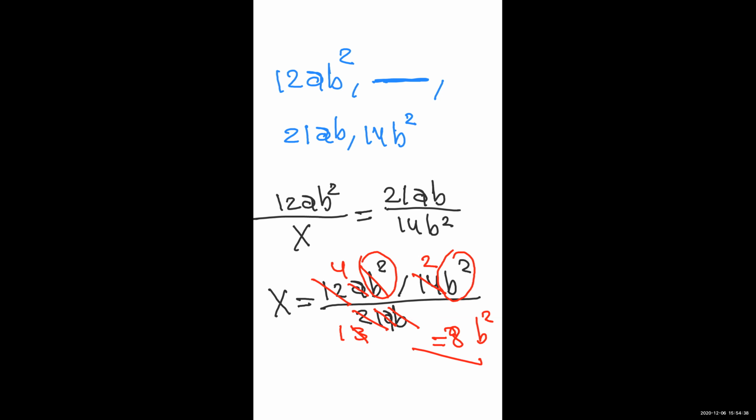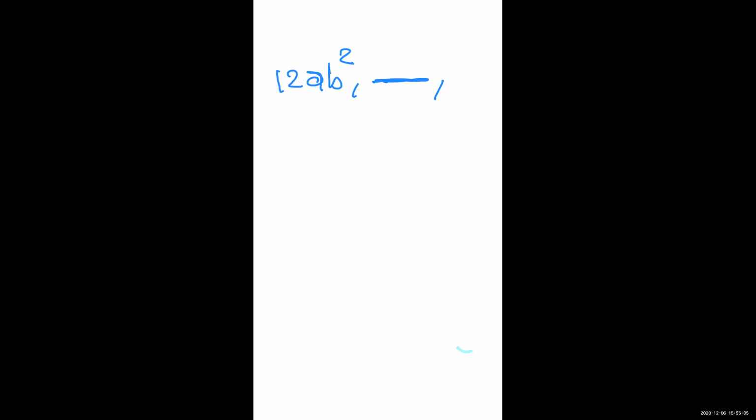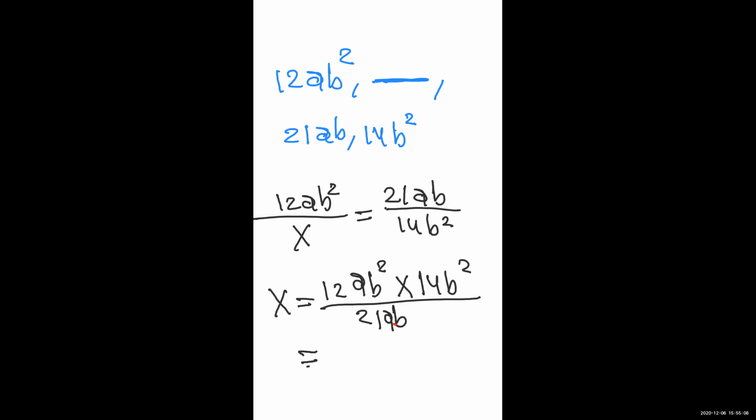So let's clear all this and make sure of the answer again. Maybe there is a mistake. So this term is 12ab squared times 14b power 2 over 21ab. Then we will remove this a with this a, and then b with b.